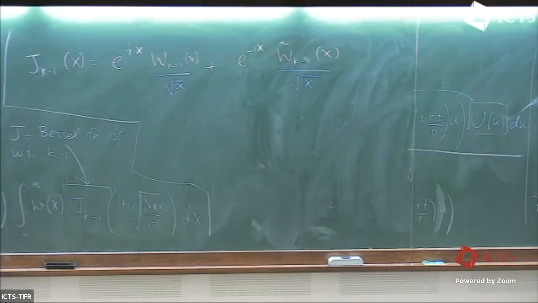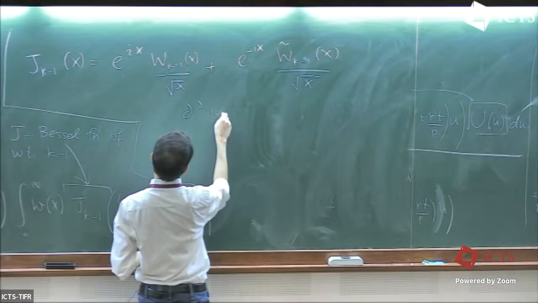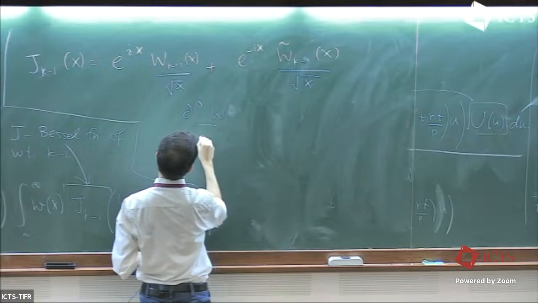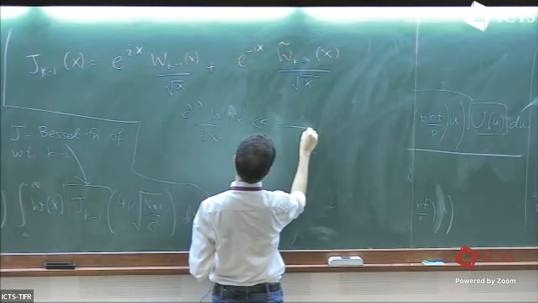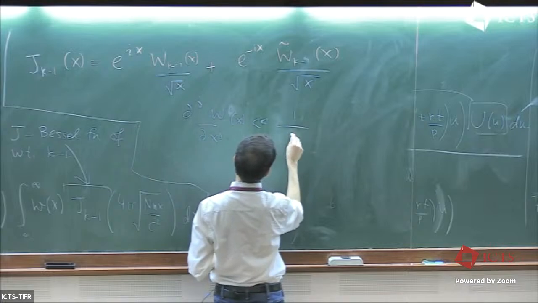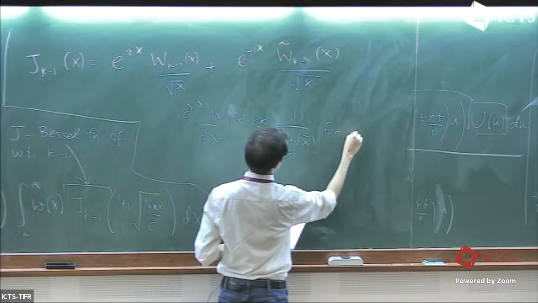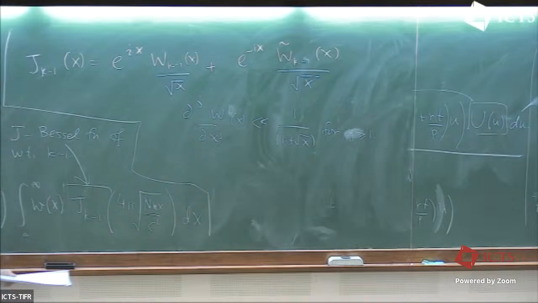And the weight function satisfies some nice properties. So the derivatives of this weight function are bounded by 1 over 1 plus square root x for j bigger than or equal to 1. So you have these things.